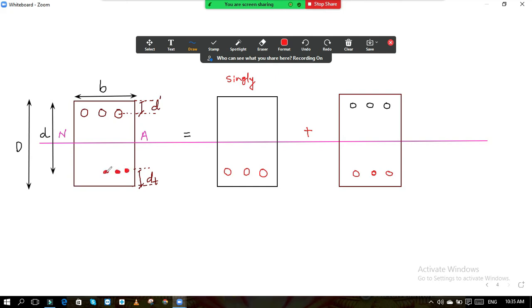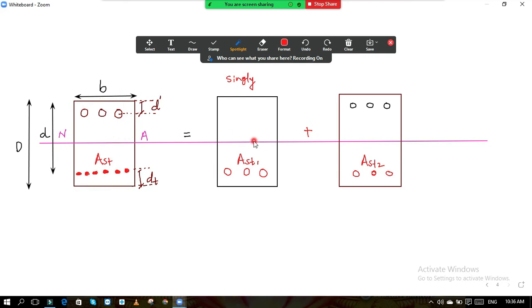So this is your total area of steel, which is made up of AST1 and AST2. So I can say over here that the total area of steel is nothing but AST1 plus AST2. This section is your doubly reinforced section.